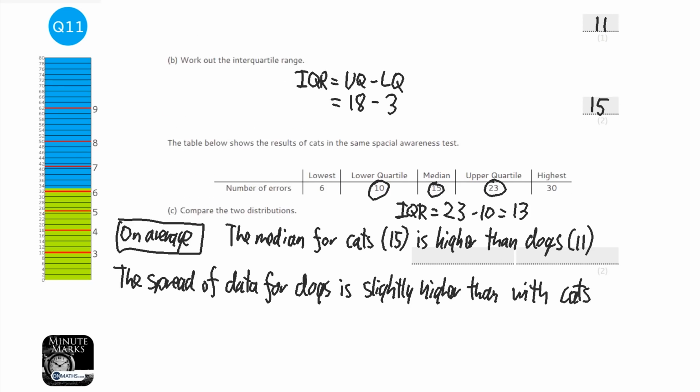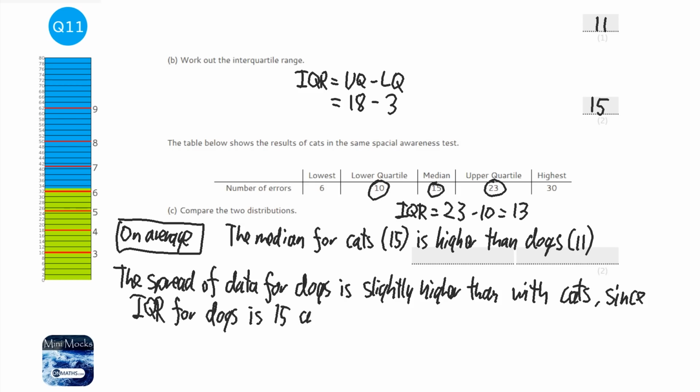And then you'd say, since the IQR, interquartile range, for dogs is 15 and for cats is 13.